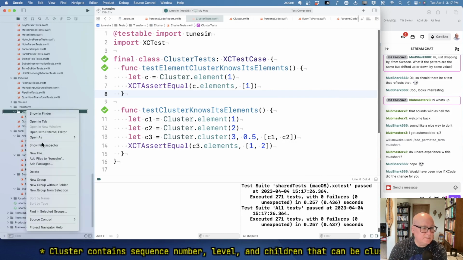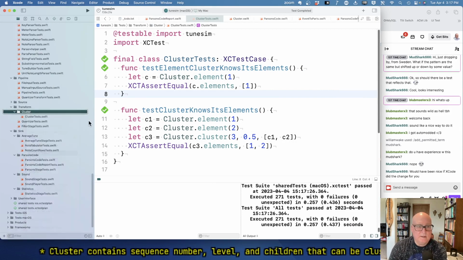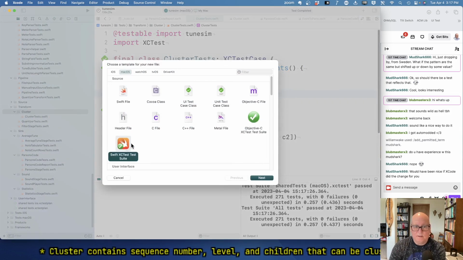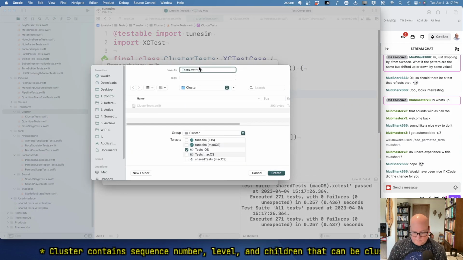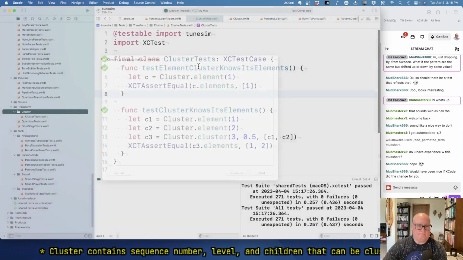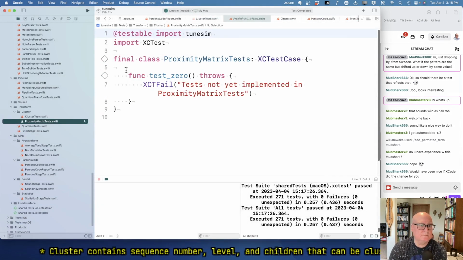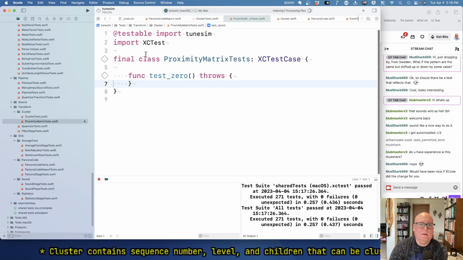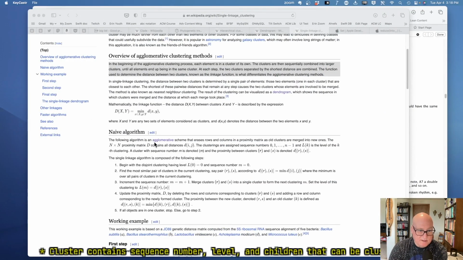And now in here, we should add a new test for proximity matrix. Proximity matrix basically has to be able to tell the distance between any clusters.